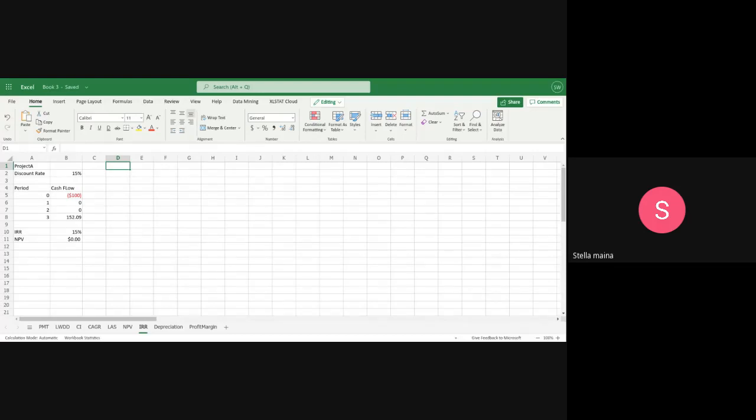So we have a project B, which has a discount rate, and then let us now put in the period and the cash flow.